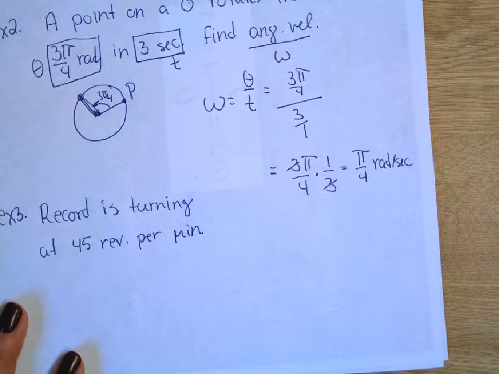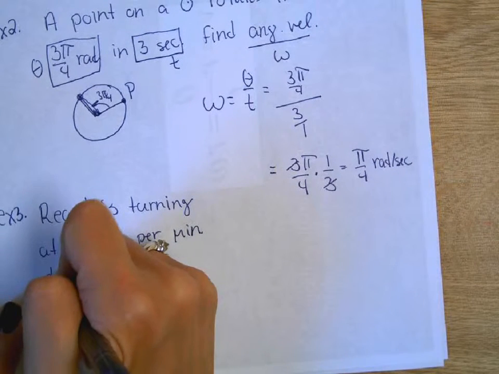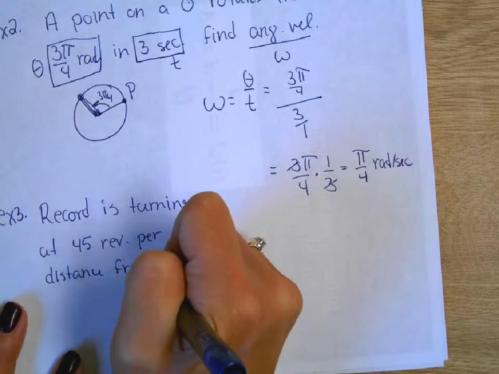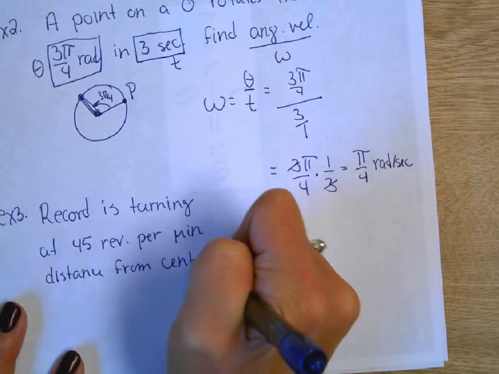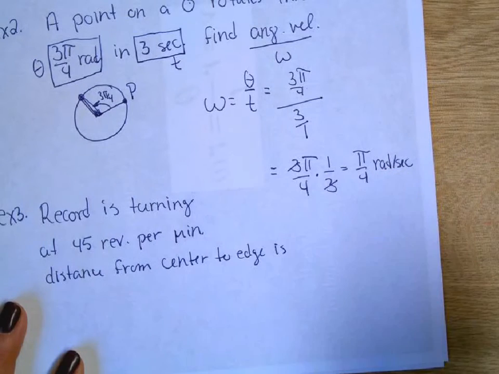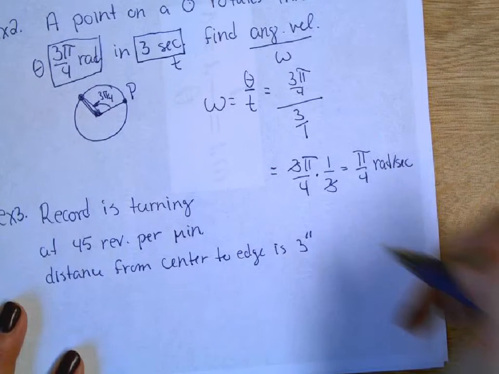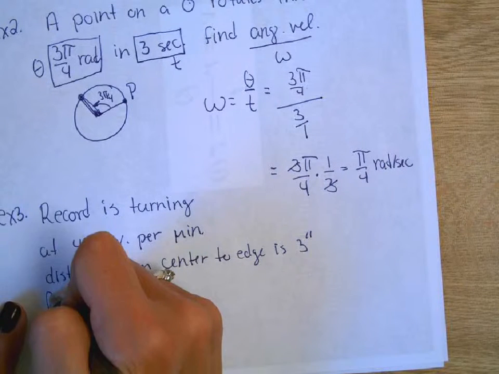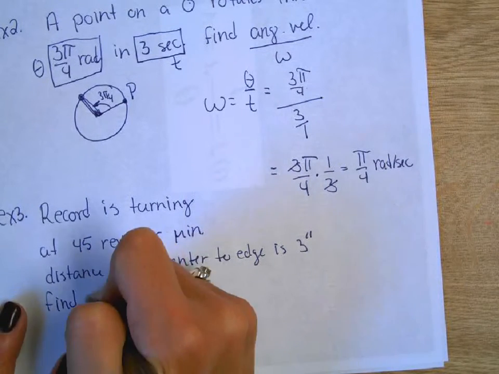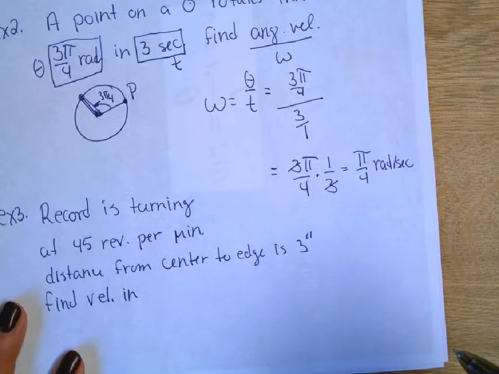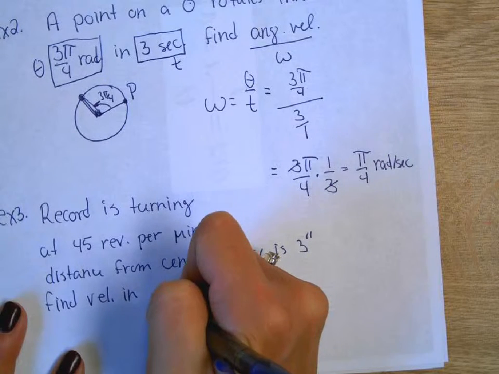If the distance from the center of the record to a point on the edge is 3 inches, distance from center to edge is 3 inches. Can you find the velocity in feet per minute?